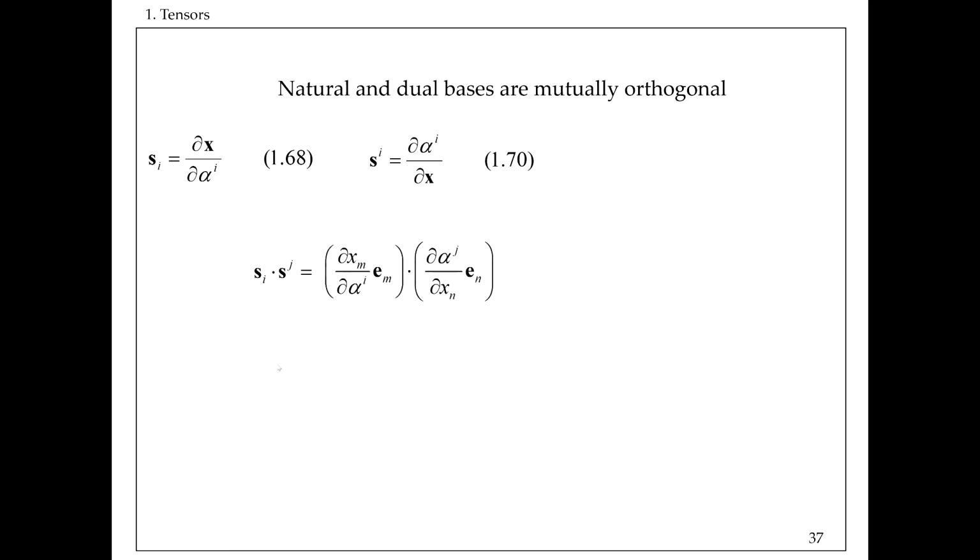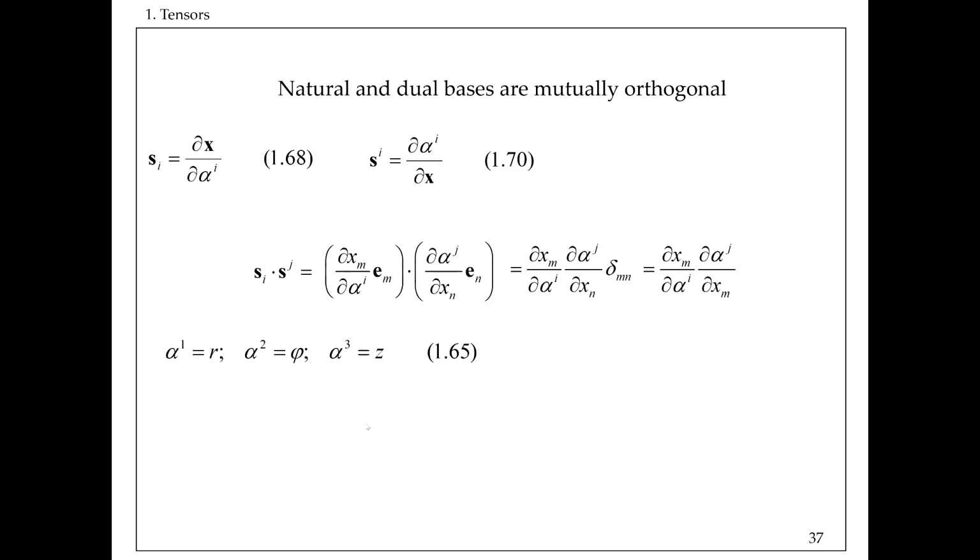Or you can write it more explicitly, in terms of the components and their bases in the coordinate system, and you will see a similar structure again. There will be the e_m and e_n dot product, and these are components, so we don't need that, and there will be delta_mn, and in the end you have this similar chain rule, so the result will be d alpha^j with respect to d alpha^a. And just to remind you, for this cylindrical coordinate system, this is how these alphas are defined.